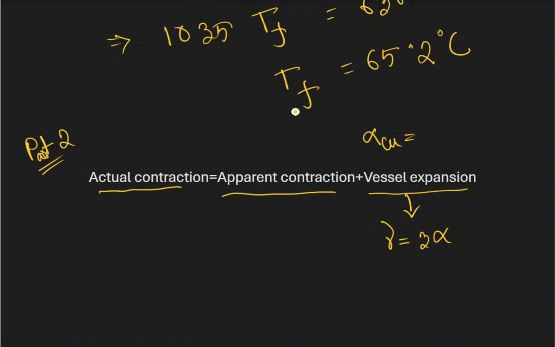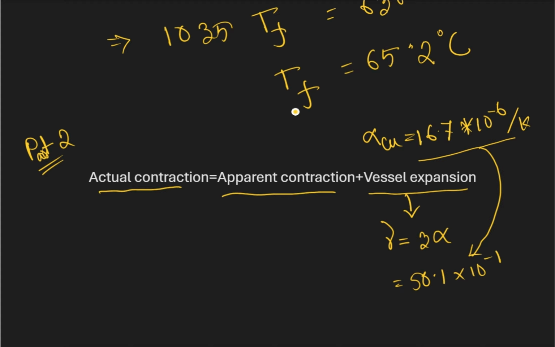Anyways, let's consider the copper linear expansion, or the alpha value of the copper, is equals to 16.7 into 10 to the power minus 6 per Kelvin, right? So we know the vessel expansion, the volume gamma is equals to 3 alpha. So let's calculate the value by multiplying with 3. So we have the value of 50.1 into 10 to the power minus 6 per Kelvin.